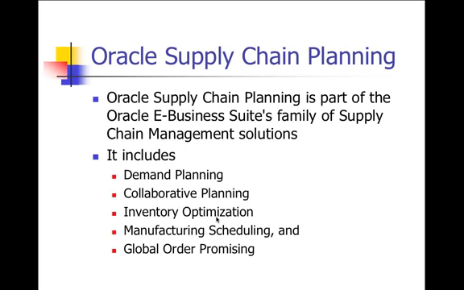Here's our Oracle supply chain planning. Oracle, as we all know, is a huge database company, but they also work with supply chain management in terms of their tool sets that work with a lot of their different products. You can actually cross-develop with this. So it's part of the Oracle e-Business Suite family of supply chain management solutions, and it includes demand planning, collaborative planning, inventory optimization, global ordering, stuff of that nature, generic areas of need for most companies.